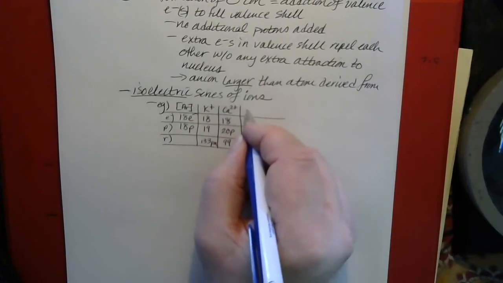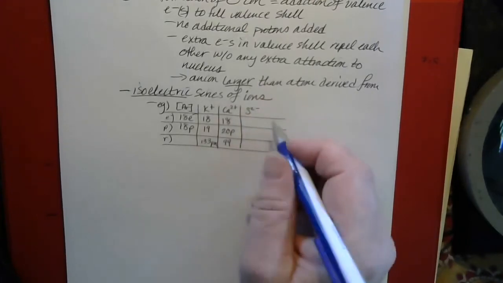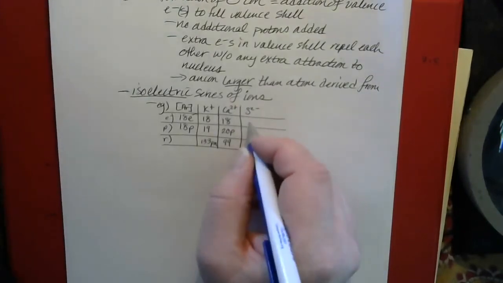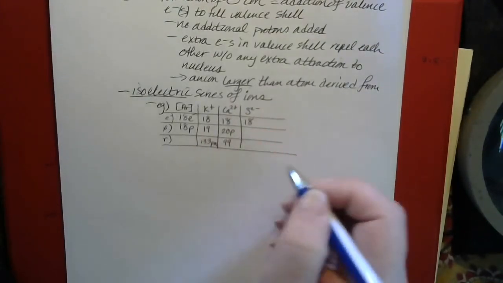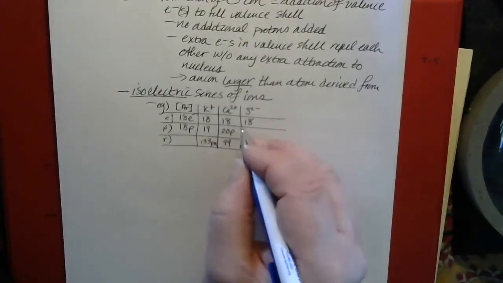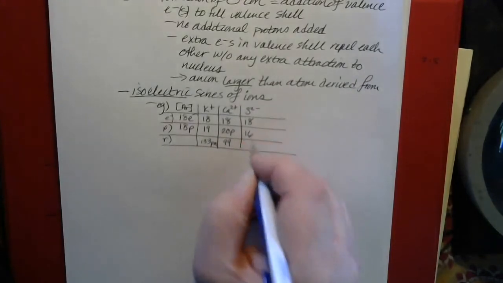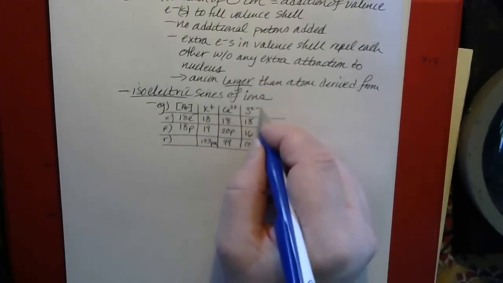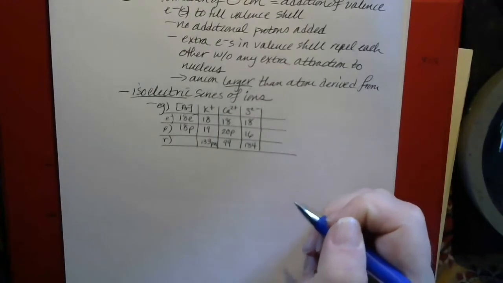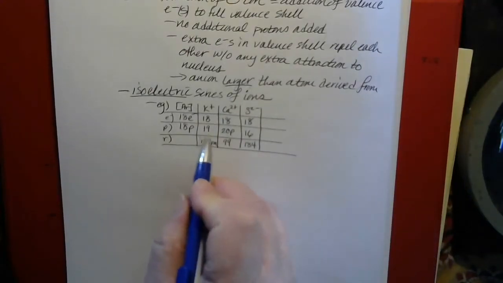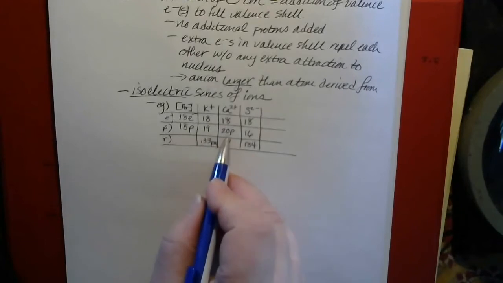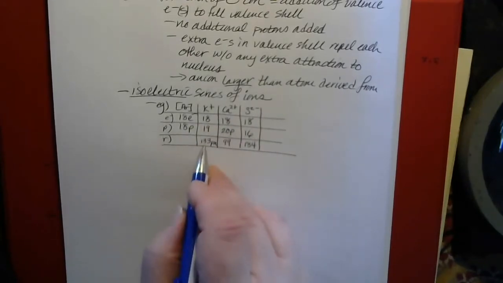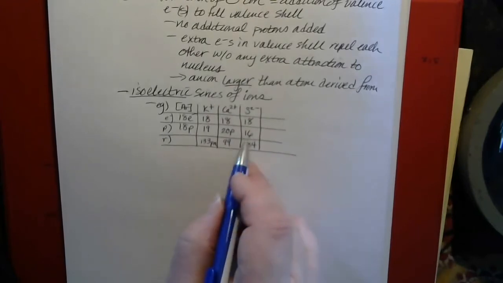As you go across the periodic table, there's also sulfur, which will gain 2 electrons to reach the same electron configuration as argon, in which case it has 18 electrons, but only 16 protons. And that has 184 picometers as its radius. So you can see the number of electrons is staying the same, and as the number of protons goes up, the radius goes down.